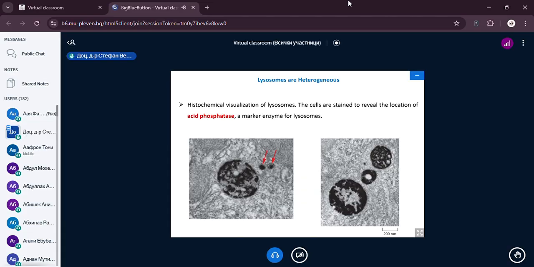One such very important histochemical reaction is the reaction for a prominent enzyme in the lysosomes called acid phosphatase. It is used as a marker enzyme of lysosomes.